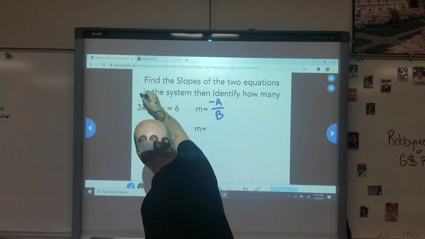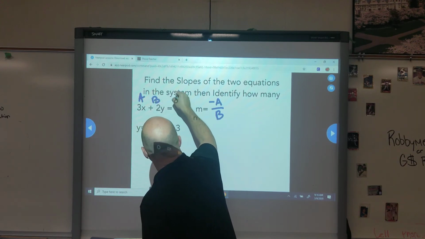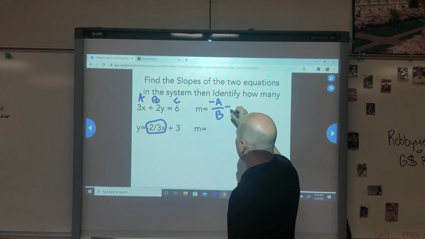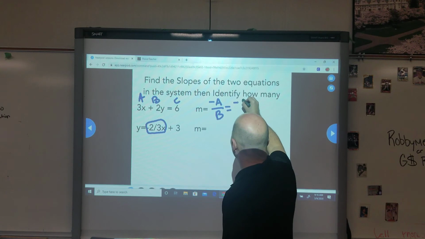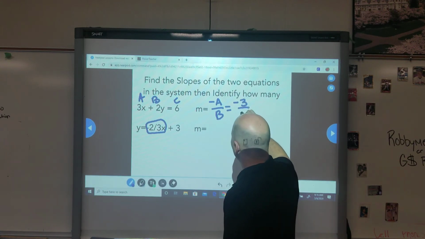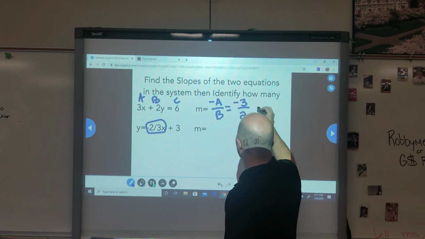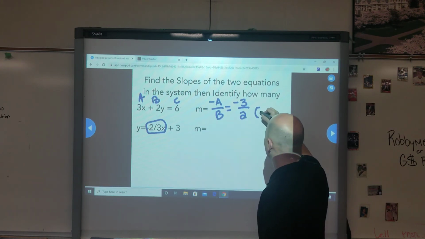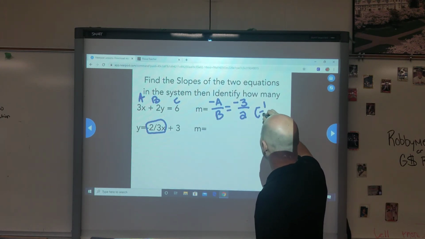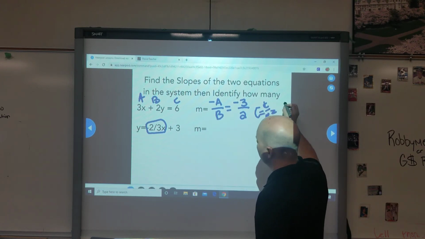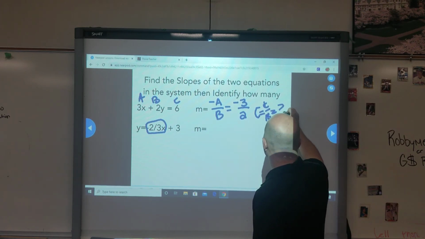This is your a, b, c. So that would be equal to the opposite of 3 over 2, and then my c is always equal to c over b, which in this case would be 6 over 2, which is 3.